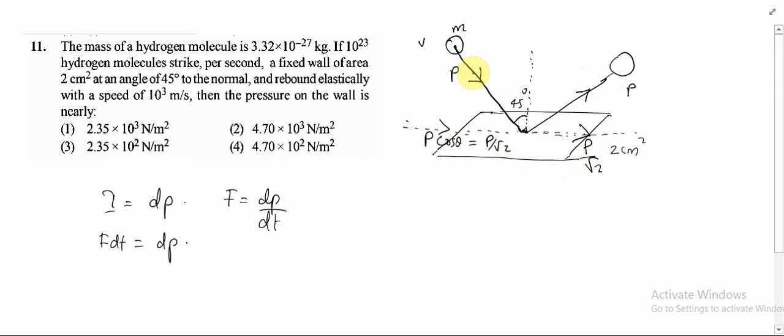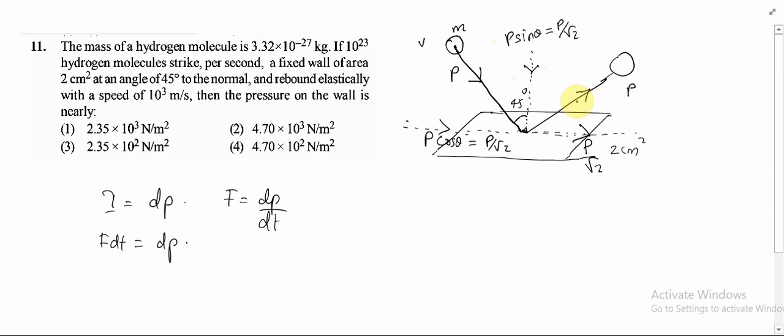Now the vertical component of the initial momentum vector will be in this direction. That is also given by p by root 2, since the angle is the same: p sin theta is equal to p sin 45. That is also p by root 2, but it is in the negative y direction.